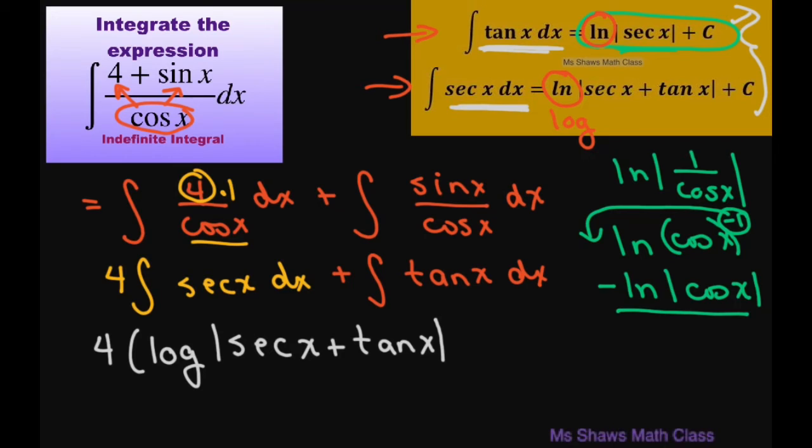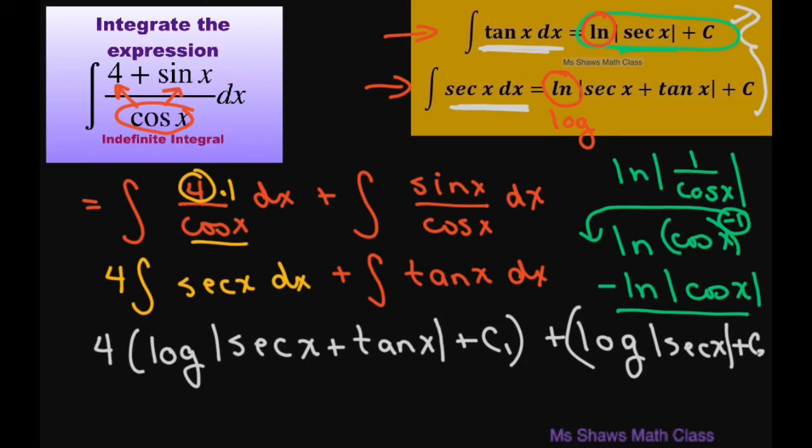And then I'm going to go ahead and put plus c1. So that's that piece. And then plus log of, where are we at? We're at tan of x. So that's going to be log of secant of x, absolute value of that, and that would be plus c2.